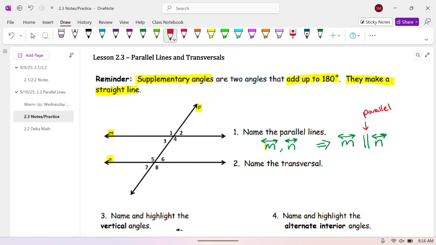Now, to name the transversal, which by the way, if we gave you a definition real quick, is the line that intersects a set of parallel lines.